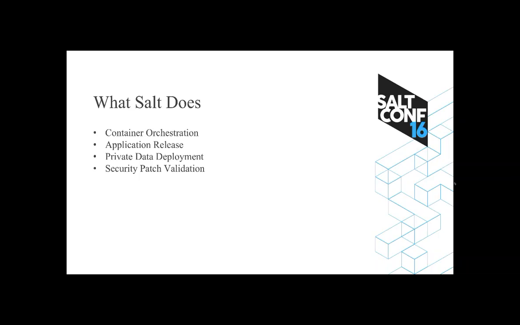So in our case, we have container orchestration managed by Salt, and I'll go into an example of one of our states and how it's pulling in some of the Jinja variables from our pillar files.